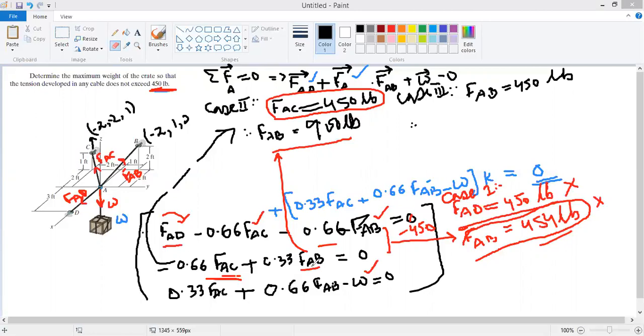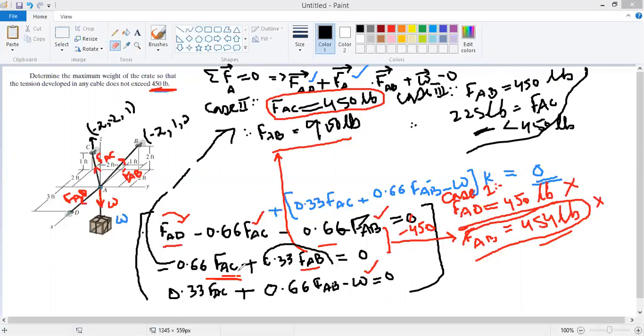Therefore, FAC will be 0.33 into 450 divided by 0.66, which is equal to 225 pounds. This is quite logical for us, because 225 is less than 450 pounds.